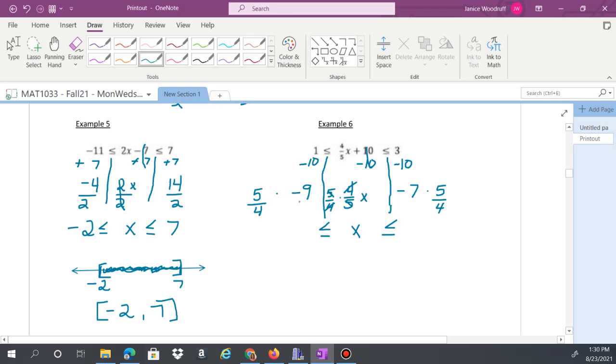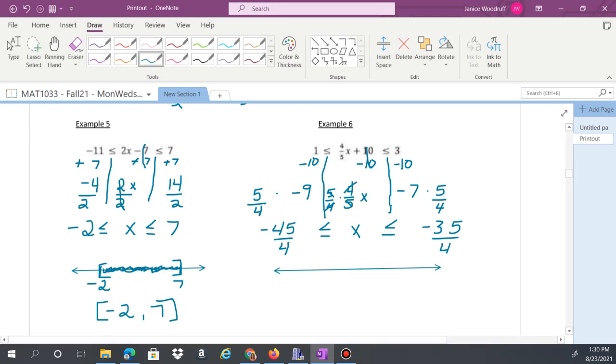And then let's see here. 5 times -9 is a -45 over 4. And -7 times 5 is a -35 over 4. So there's my inequality. -45 over 4, -35 over 4. Those are not going to simplify, and you want to leave the fractions. You can find exactly where they are if you want.